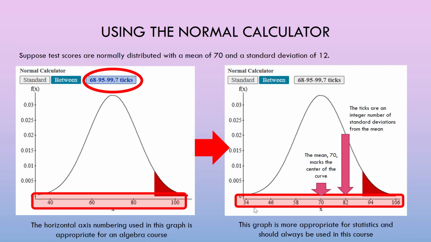Again, this graph is more appropriate for statistics and should always be used in this course. So try to always remember, especially if you are taking a screenshot of this picture to put into a project or report or assignment, to click on this box first.